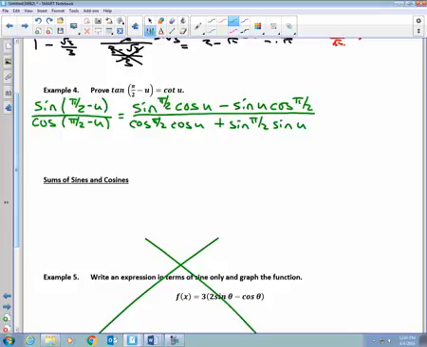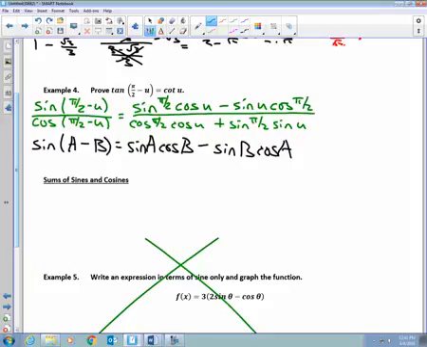I'm going to pause. Does anybody need any clarification as to how I came up with any of those pieces? Yeah, so what I just did, did you see the sine over cosine as tangent? Okay, so then this is like sine of angle A minus angle B is sine of angle A cosine of angle B minus sine of angle B times the cosine of angle A, right?